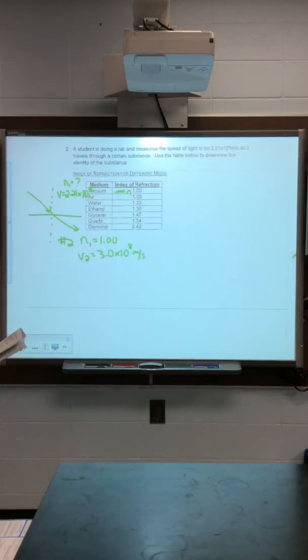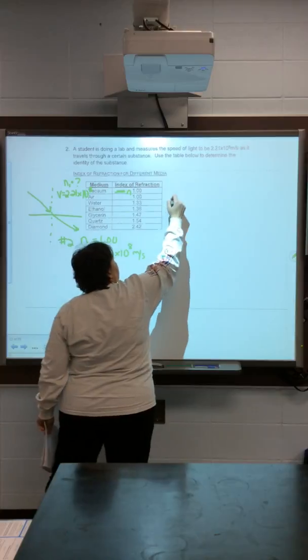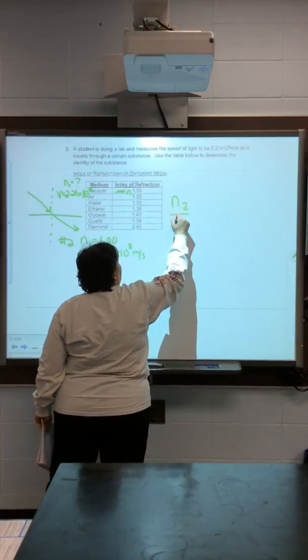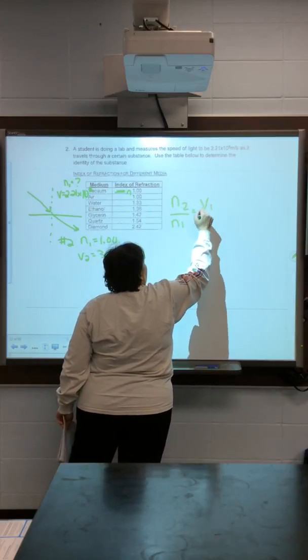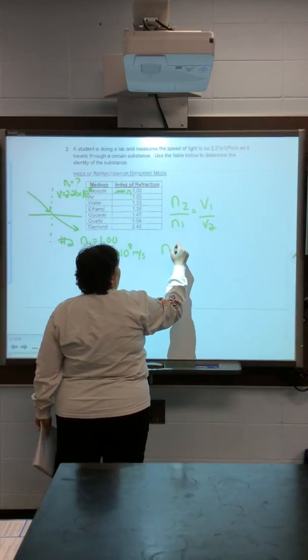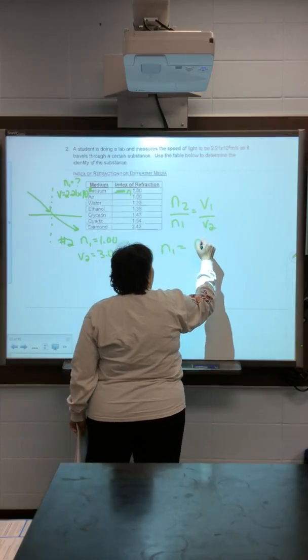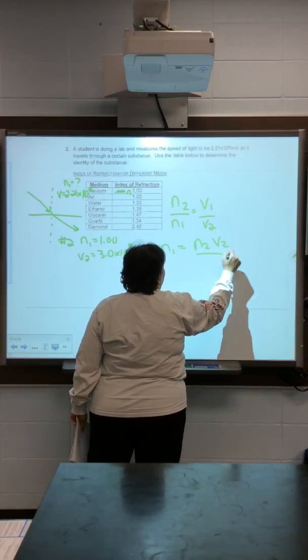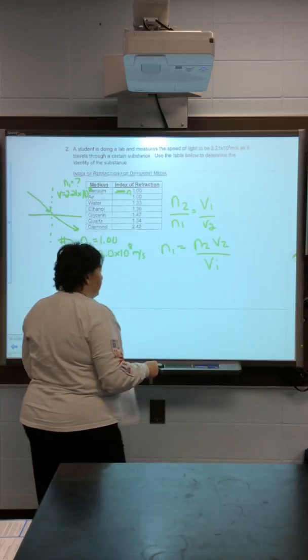And so then we're looking at this relationship: N2 over N1 is equal to V1 over V2, and we're solving for N1. So it's N2 V2 over V1.